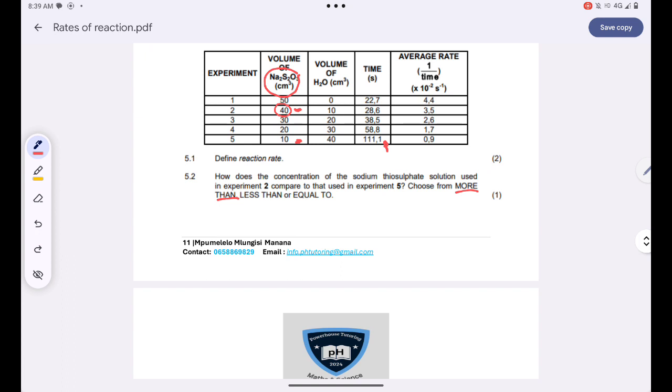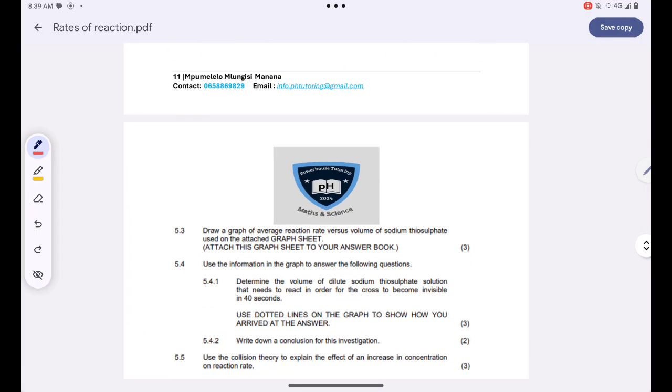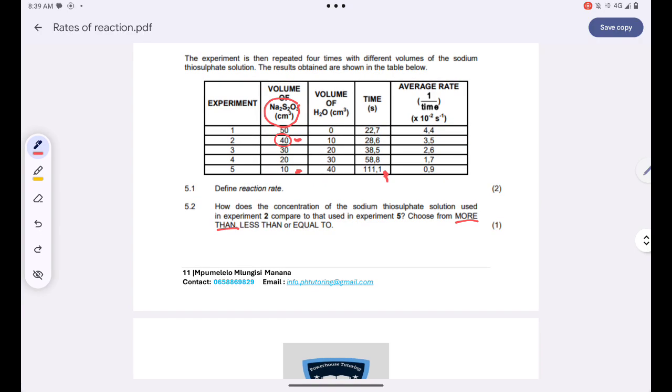When the volume is 50, average reaction rate, it will simply be 4.4, and then when the volume is 40, average reaction rate is 3.5.